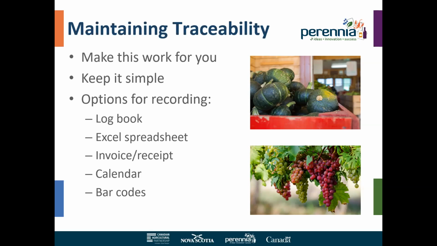Other options: the logbook might be something that you're just keeping and writing in. Maybe you're keeping electronic copies, using Excel or a spreadsheet. It simply may be on the invoice or the receipt that you're sending out. If you have a calendar and you're using the calendar method, you can do that as well. You can be as creative as you want, as long as you are meeting the requirements and you're able to trace that somehow.